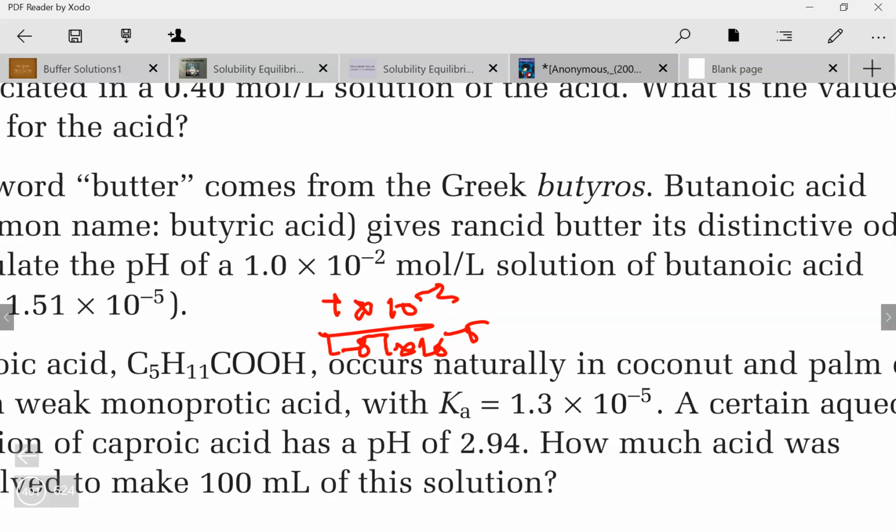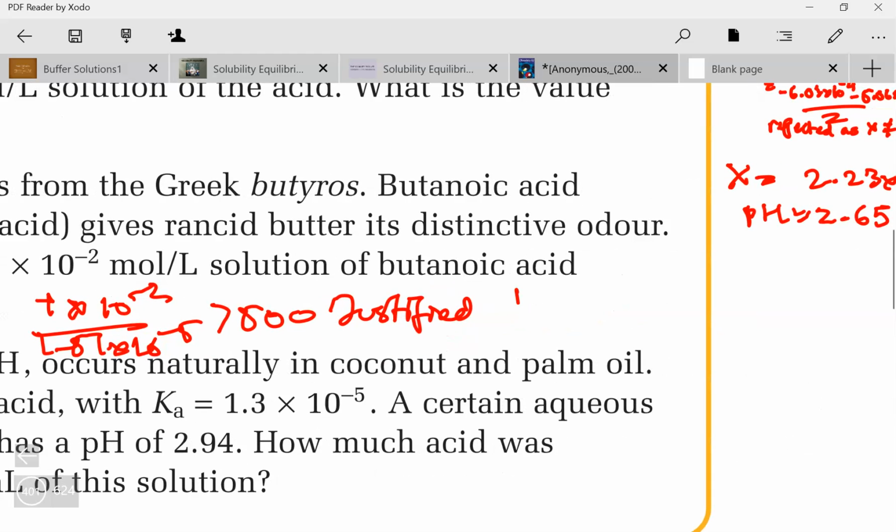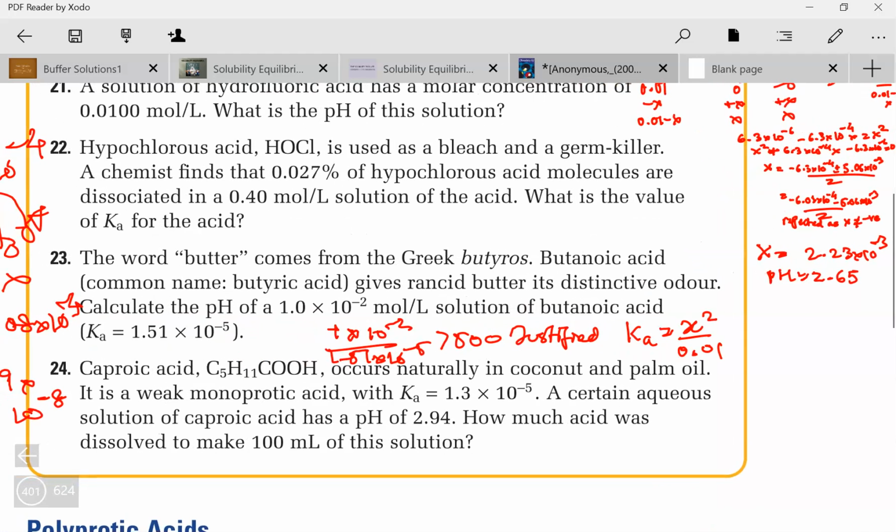I think that's greater than 500. Hallelujah, greater than 500. So justified, and I'm automatically going to go to Ka equals x squared divided by 0.01, which was my initial concentration here, just because if I do the ice table, this is what I'm going to get.